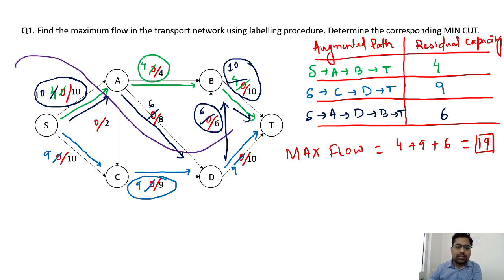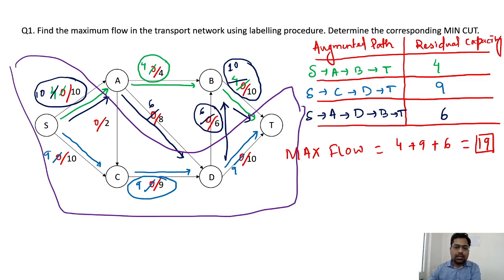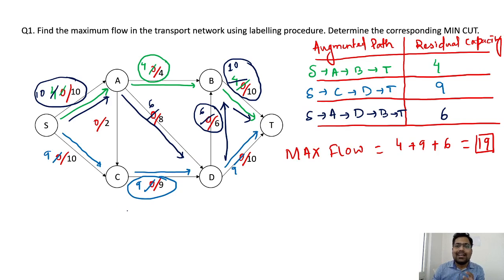Can you say this one is a cut or not? No, because this cut will not be valid. Why? Because source and sink are both within it. That's why we are not fixing that one as our group or cut.